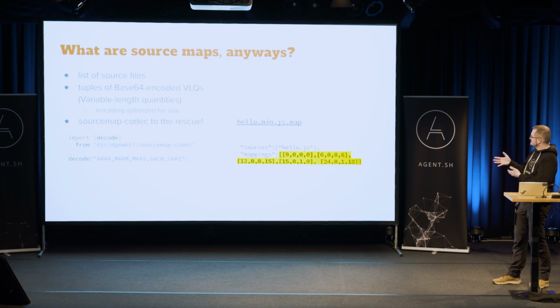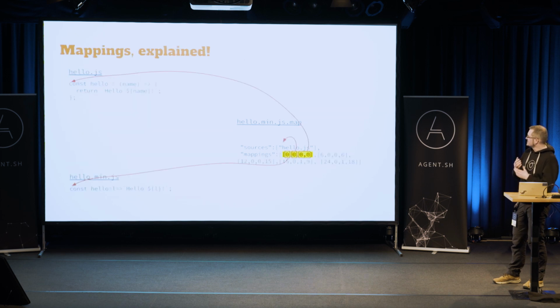So what you see here is it's actually tuples of 1, 4, or 5 elements, and a list of those. Let's look a bit deeper into one of these tuples. The first element is basically the column offset in the generated file. So in this case, it says column 0 in hello.min.js points to the first item in the sources array.